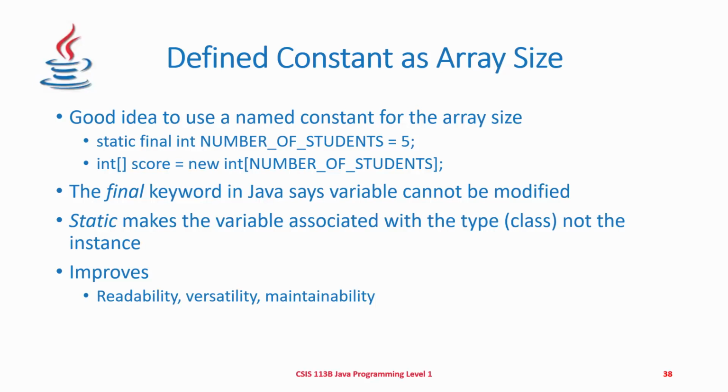So then here's an example where we're creating an int array called score, and we're using the new keyword to the right of the assignment operator, and then using the int to define that we want to have an int array, and then for the size of that array, we're using that constant number of students. The reasons that this is a good idea is it improves readability, versatility, maintainability of your code.